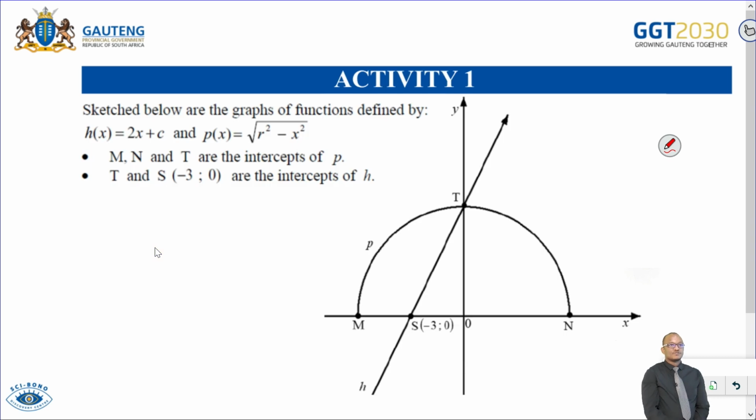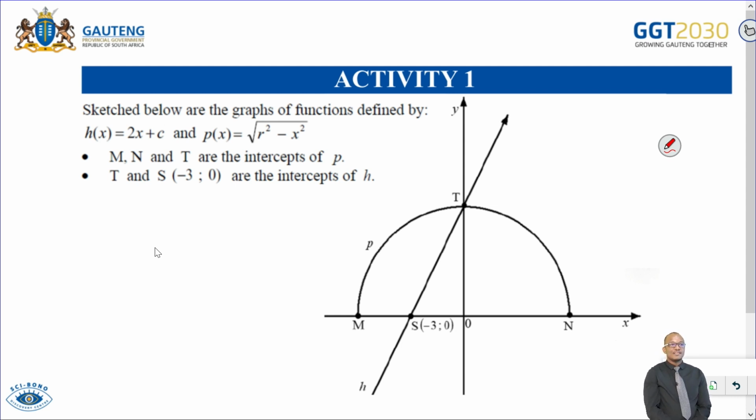Okay, so now, activity 1. Remember, we're talking about interpreting the functions. They are going to sketch the functions for you. We start by reading our statement, which is a very important thing to do. The statement reads as follows.